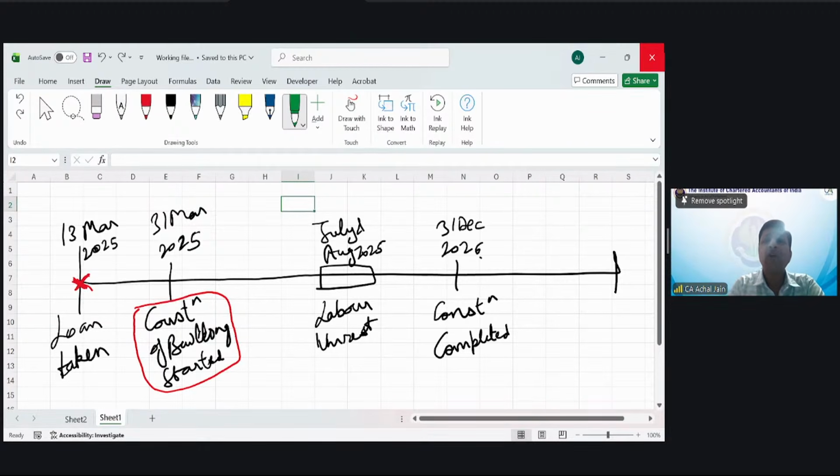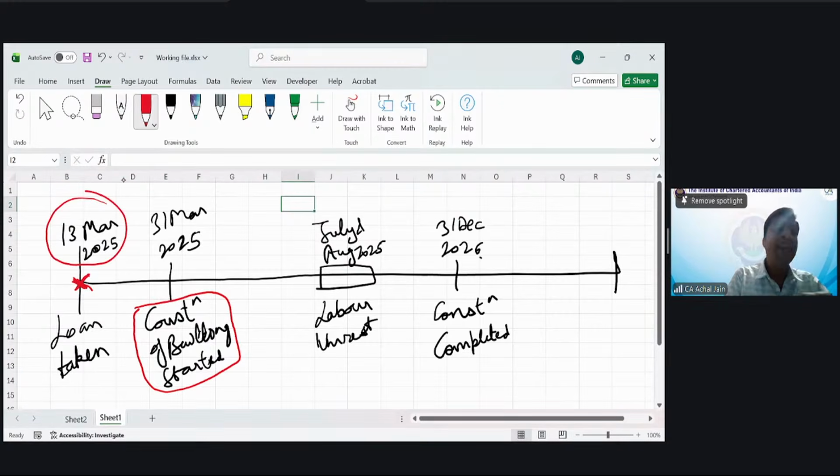It will be added to the cost of that particular asset. Yes or no? What is the meaning of capitalization? You are adding it to the cost of the asset, correct? Now, tell me one thing. On 31st of March, do you have any building which is under construction? On 13th of March, do you have any building which is under construction, or on which some construction activity or some active development has taken place?